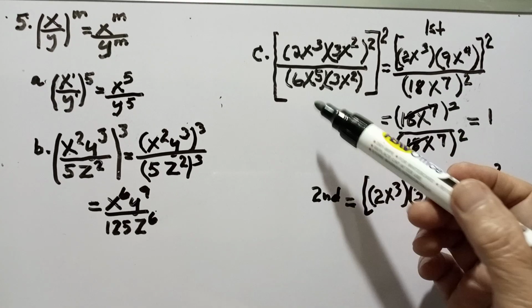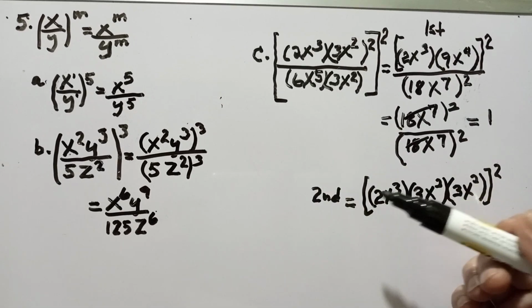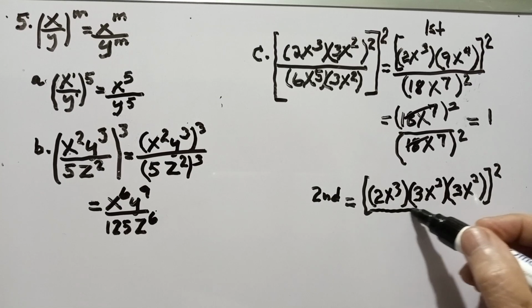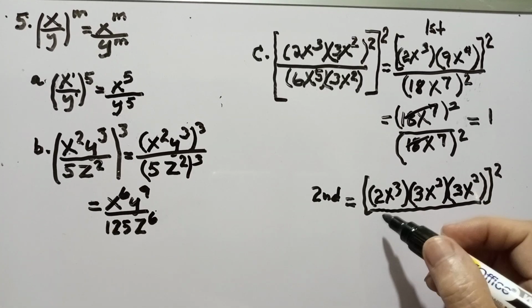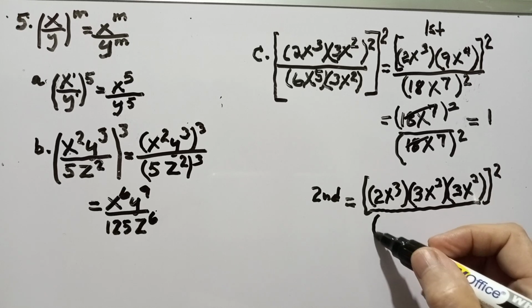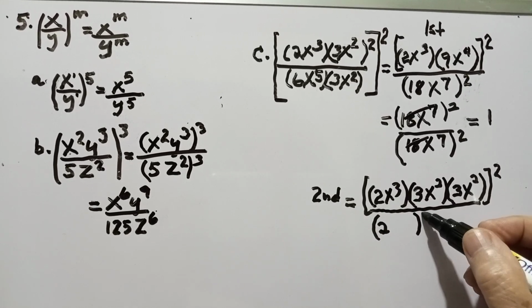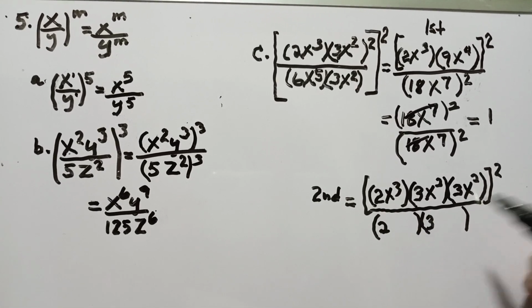And then we will factor also the 6. The factors of 6 are, we'll get the biggest factor. The factors are 2 and 3. So you have there 2. And then we have here 3.